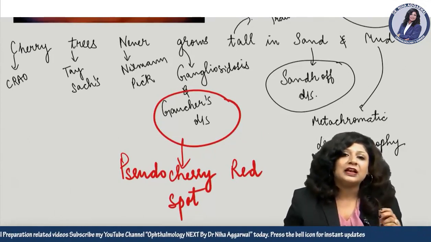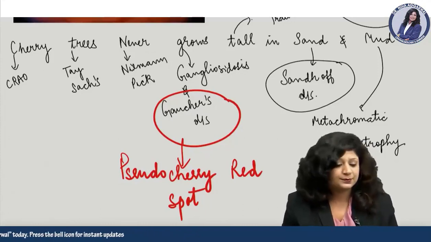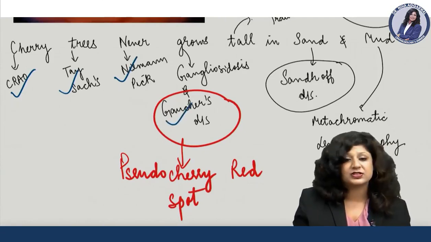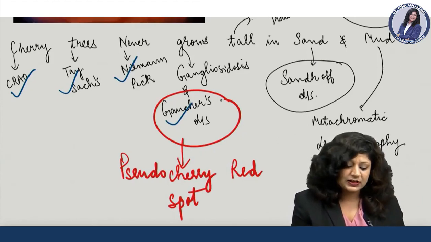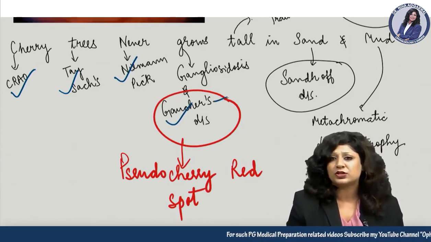I'll give you one example. Suppose they say cherry red spot is found in all except, and the options given are CRAO, Tay-Sachs disease, Niemann-Pick disease, and Gaucher's disease. Obviously your answer will be Gaucher's disease, because it is a pseudo cherry red spot.